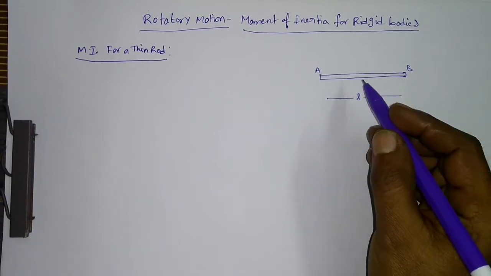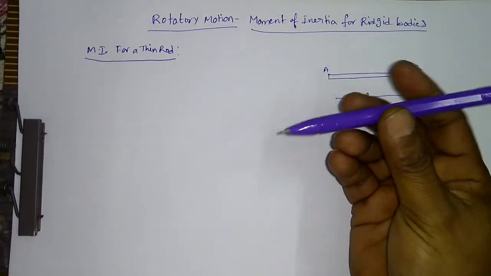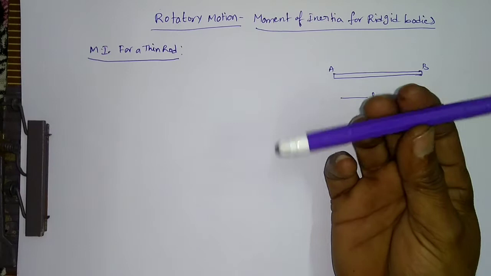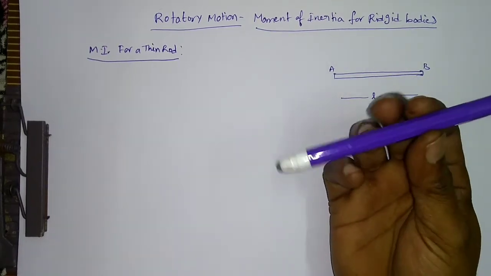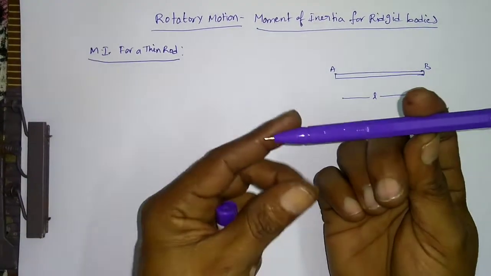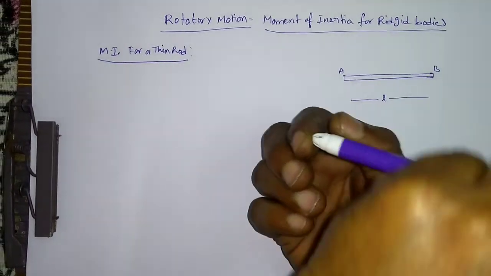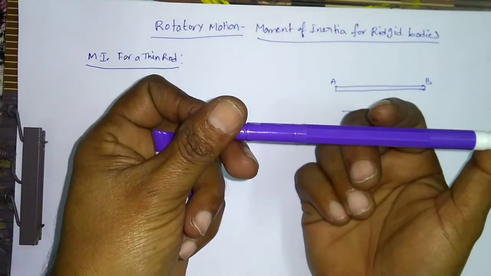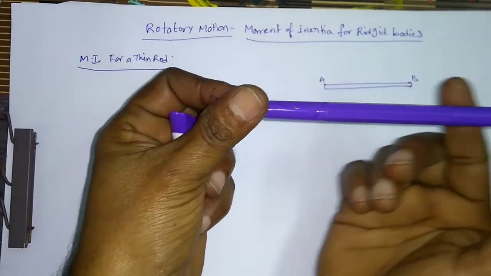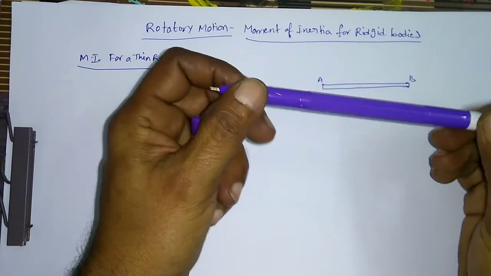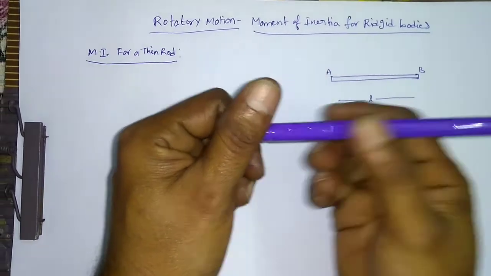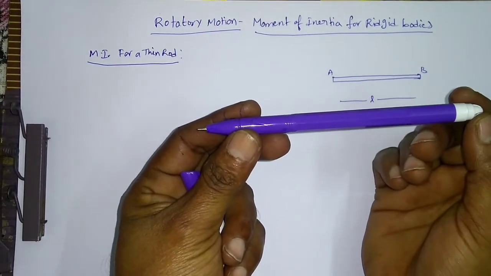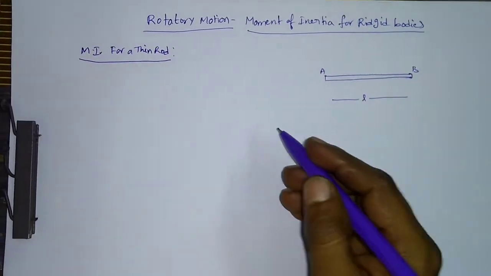If this is a rod, it can rotate with the center as the axis, or from one end, so we can observe two axes. Another axis parallel to these is also possible. Let us assume a rod with negligible area of cross section, that is, breadth is negligible, and length L.